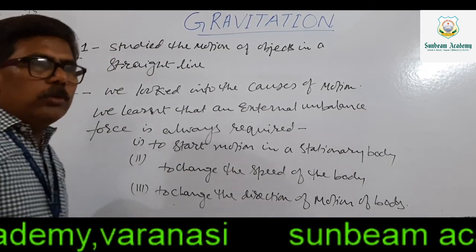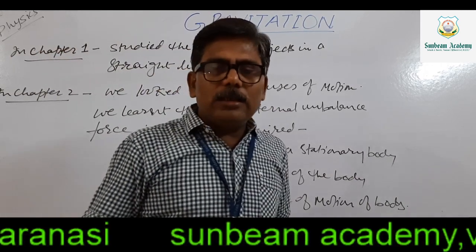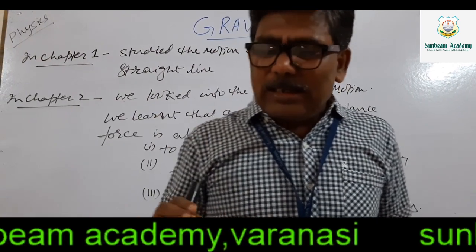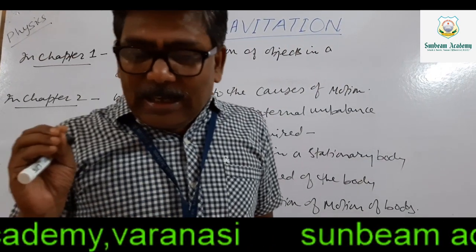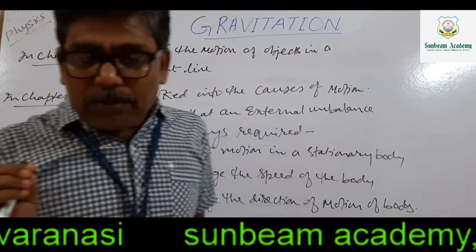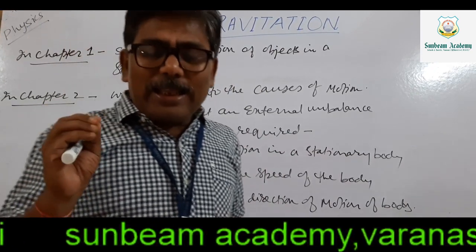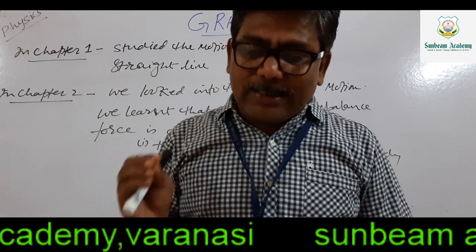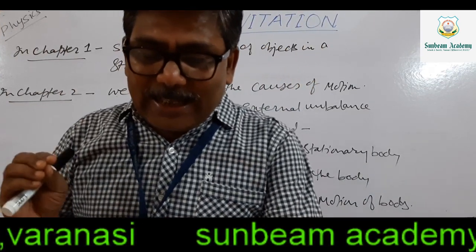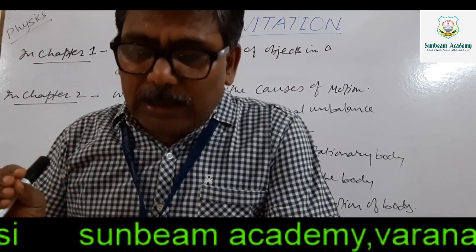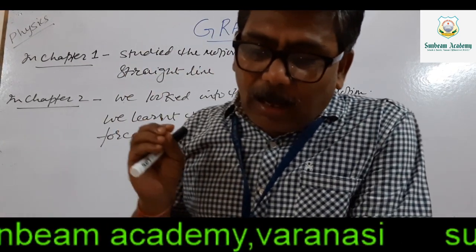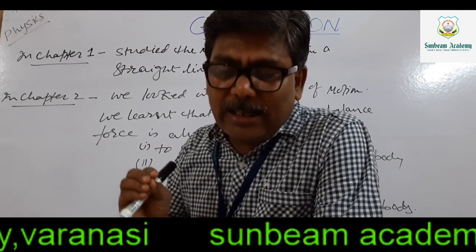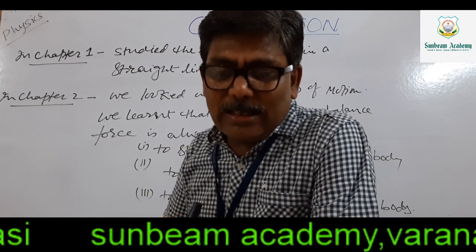Now, you have also seen that all the planets around the sun move in a circular orbit where the direction of motion changes continuously. The change in direction must be due to an unbalanced force on each planet exerted by the sun.